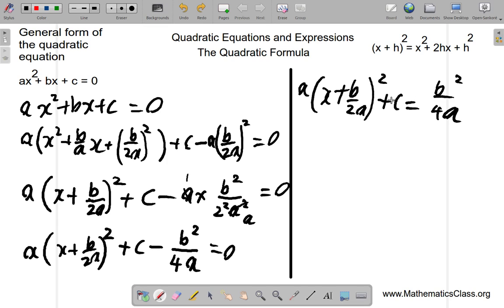And if we subtract c from both sides, this would happen. Minus c. We're just condensing things because we don't have a lot of space to work with. Now we have a times x plus b over 2a squared equals.